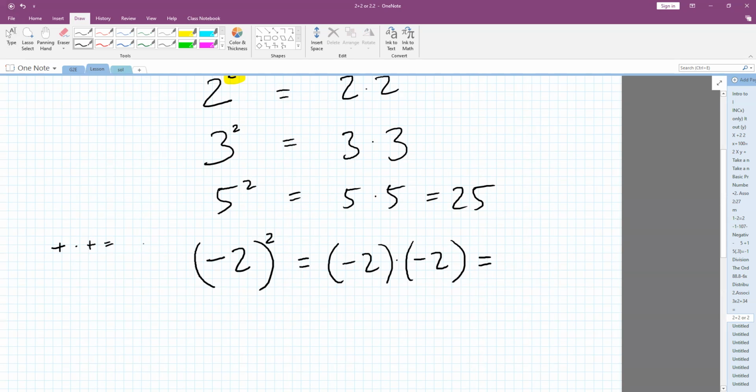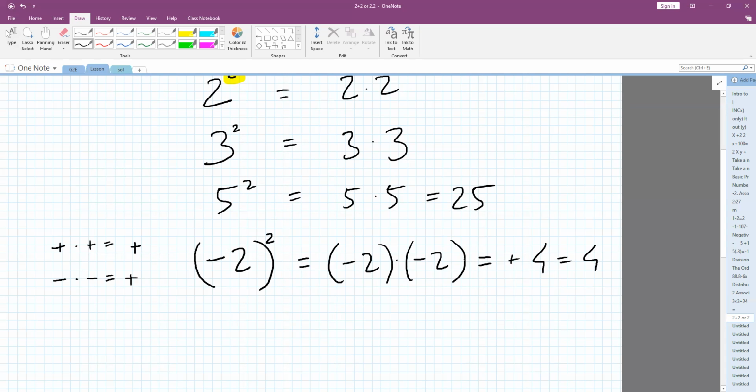Plus times plus is plus. So minus times minus is plus. And minus times plus is minus. So in this case, when you have negative times negative, it will give you a positive. Positive 4, or simply just write down 4.